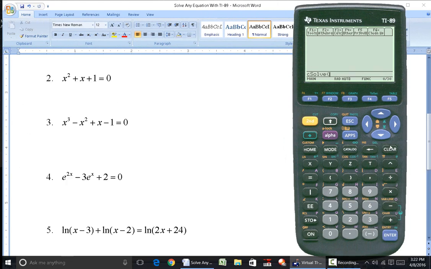Okay, well, number 4, it's an exponential. So go to the algebra menu, and I'm going to select the first one. I would suggest that if you have polynomial equations, use the C-solve, because those will have imaginary and possibly non-real solutions.